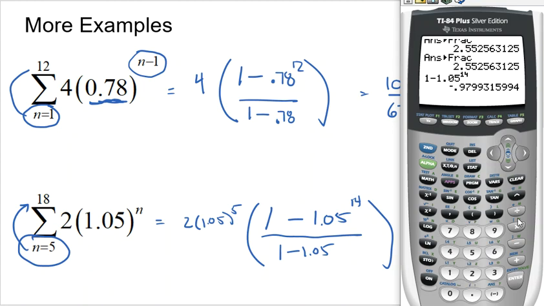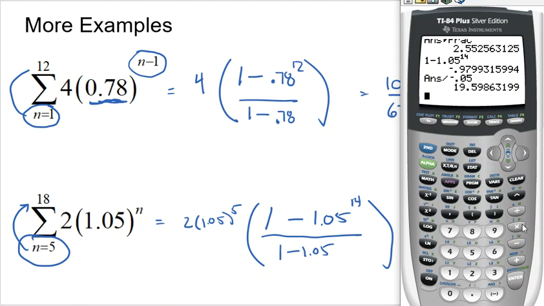Divide that by, now, again, you can do this in your head if you want. 1 minus 1.05. If you're good enough to do that in your head, it's actually quite easy. 1 minus 1.05 is just negative 0.05. So if you want to divide by negative 0.05, that's fine. Or again, if you are going to type in 1 minus 1.05, just use parentheses.